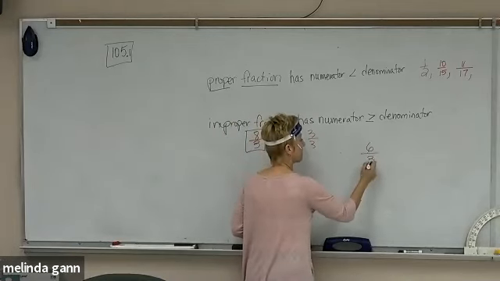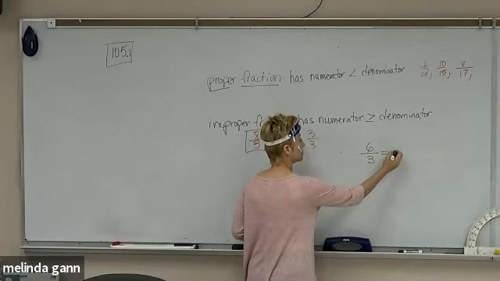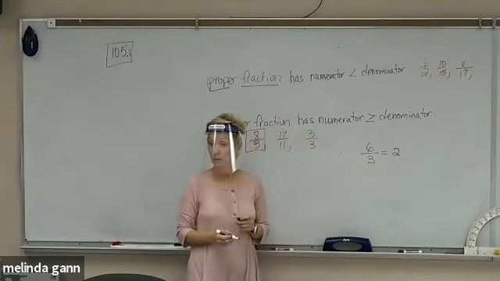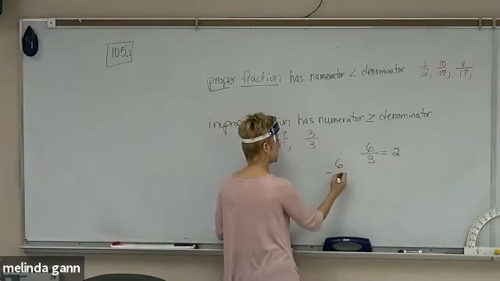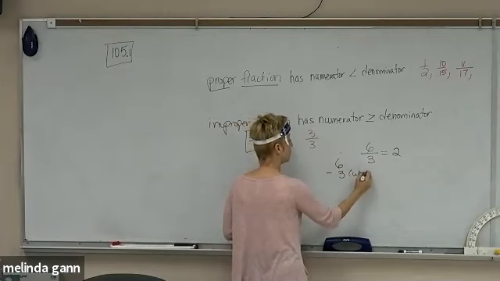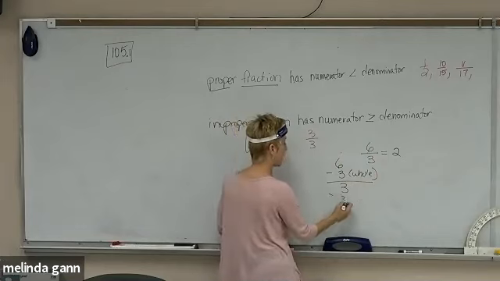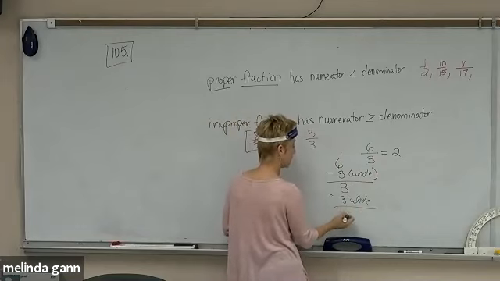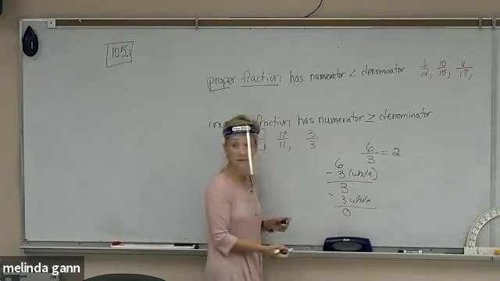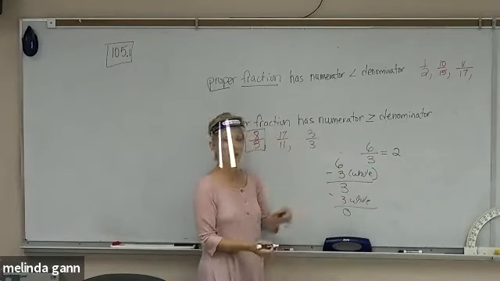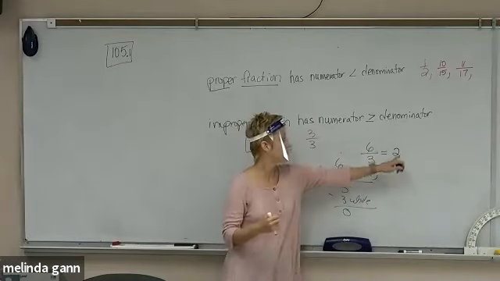What's 6 divided by 3? What's that going to simplify into? 2. Because again, if you have 6 pieces and you take out 3 for a whole, that's going to leave you 3 pieces. When you take out 3 for another whole, that's going to leave you what? No pieces. So a whole plus a whole is how many wholes? 2. I just have 2 wholes.